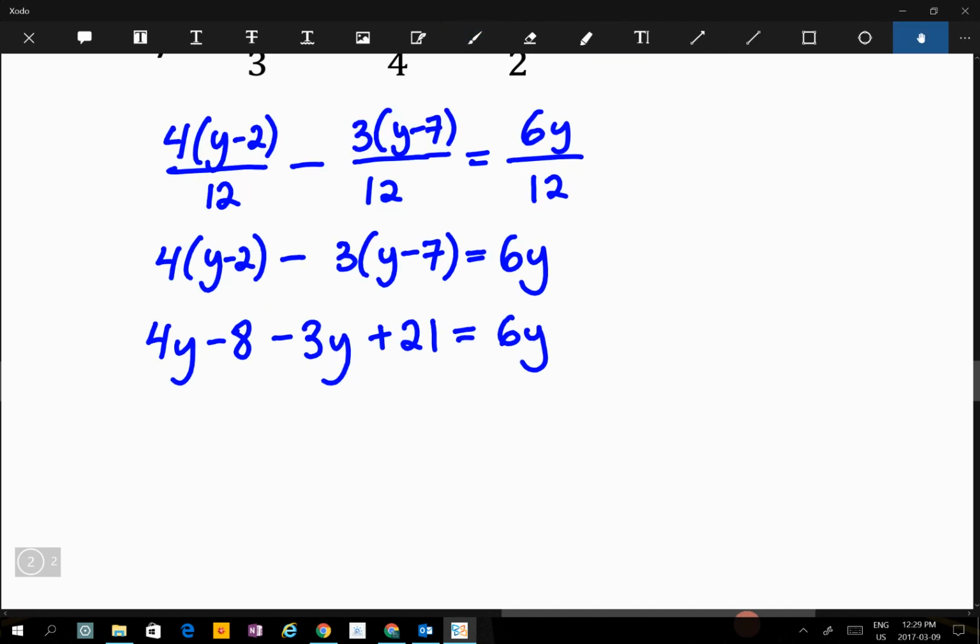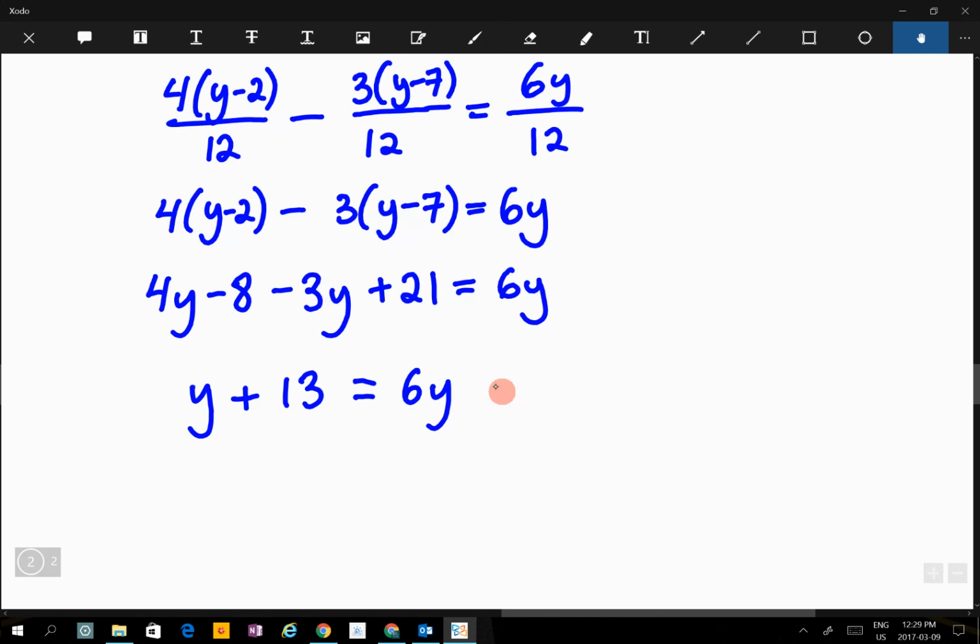Okay. Then let's collect some like terms. So 4y minus, take away 3y is just a single y. And here I have negative 8 plus 21, which is 13. So plus 13. And that equals 6y. I still have a variable on both sides, so what I'm going to do is subtract 1y from each side, so minus y over here, and to balance it, minus y over here.